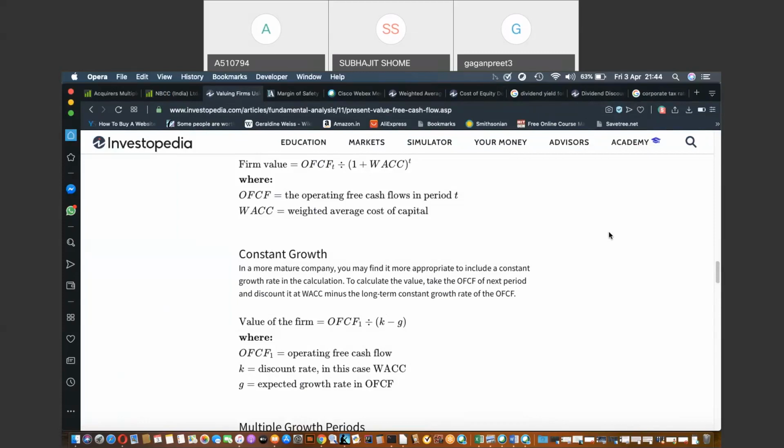Shubhajit, I'm sorry. Its growth rate is 0.0345. Where? It is 0.0345, not 0.0356. Yes, not 56.